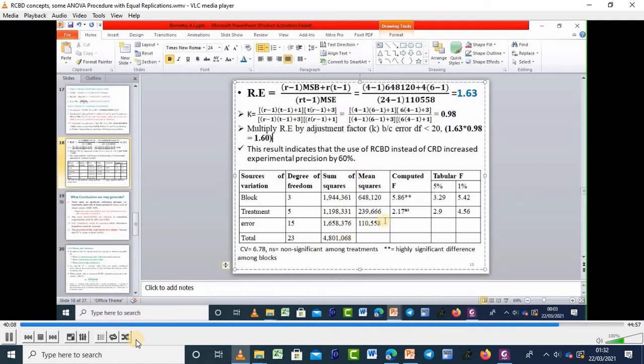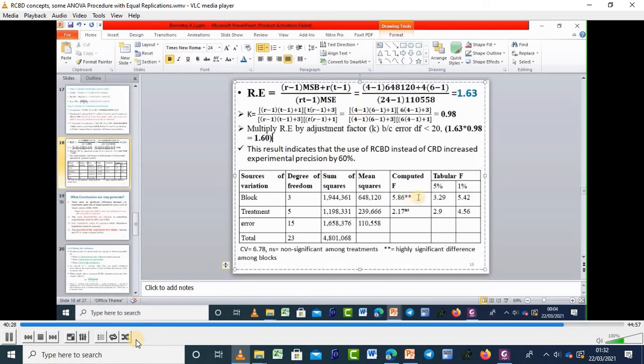They have calculated for the block 5.86 and for treatment 2.17, which was non-significant, designated as NS, and the block was highly significant. That is why we did a relative efficiency.